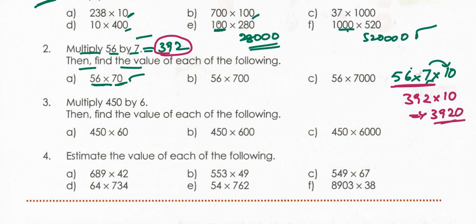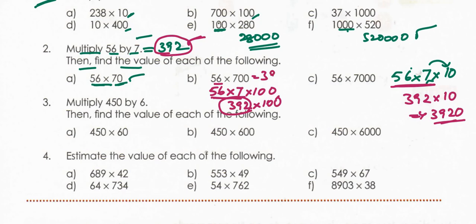Simple. 56 into 700 can be split as 7 into 100. Once you get the value of 56 into 7, which you did already here, that is 392 into 100. Into 100 means what? You just keep 2 zeros beside this number.